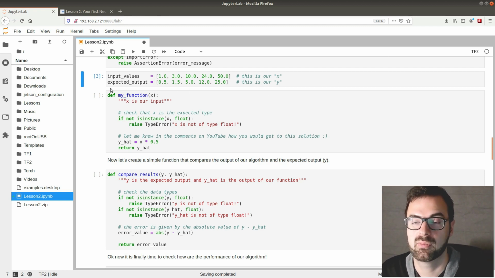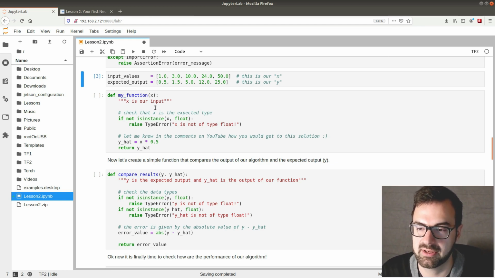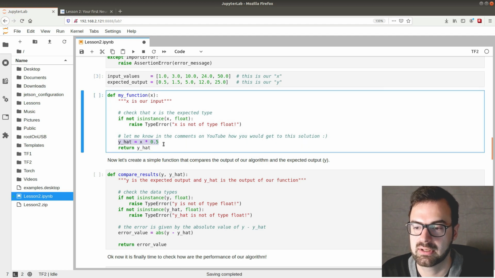So we will define a function that does this. We will call it my function, which takes an input x. Here we make a quick type check to make sure that x is a float. And then we create the very complicated algorithm with this line.